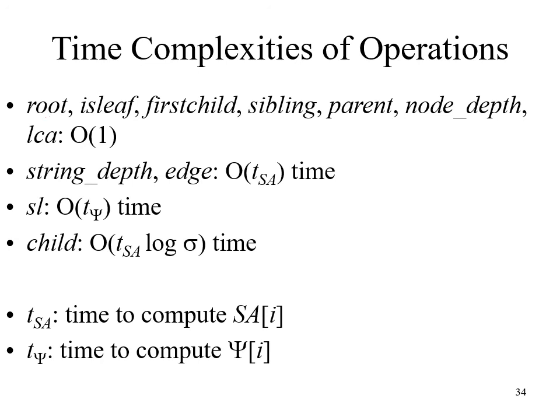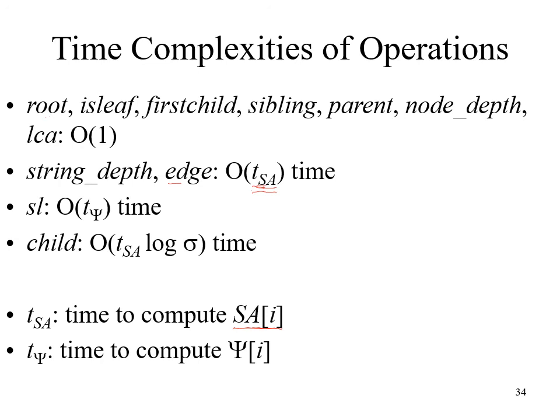And the string depth of a node and the edge operation, the ith character of H label, are done in order T sub SA time, where T sub SA is the time to compute an entry of the suffix array. So this is not constant time, but roughly order log n time, or faster.